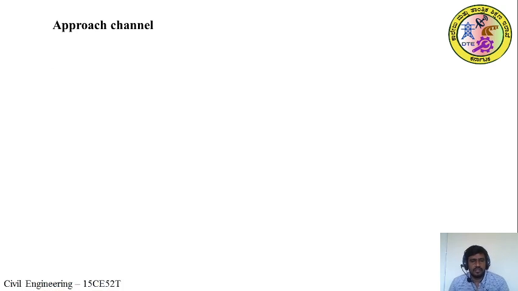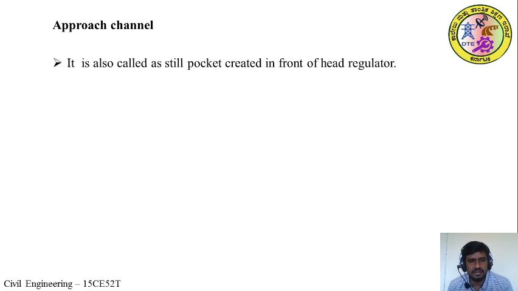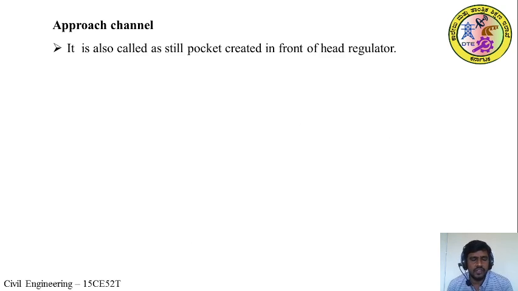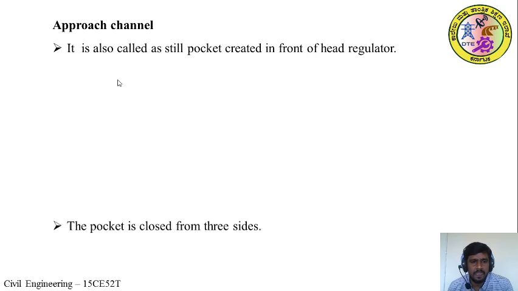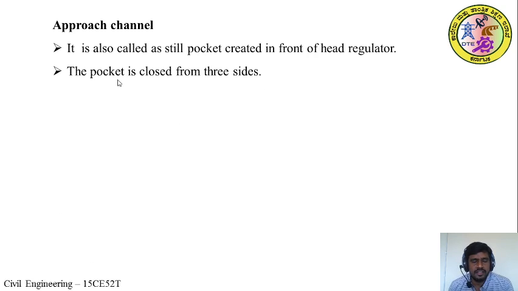Now we can move on to the next concept, that is the approach channel. It is also called a still pocket created in front of the head regulator. And this still pocket is closed on three sides.